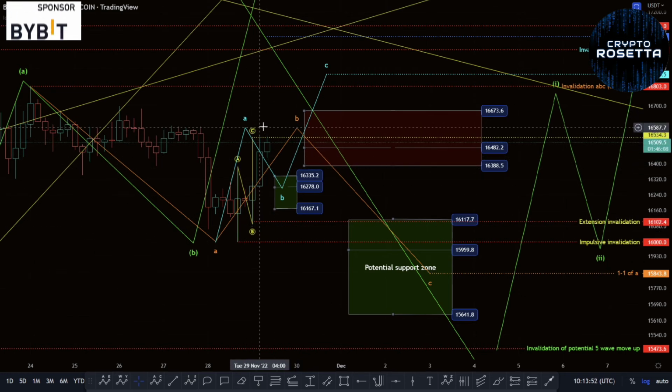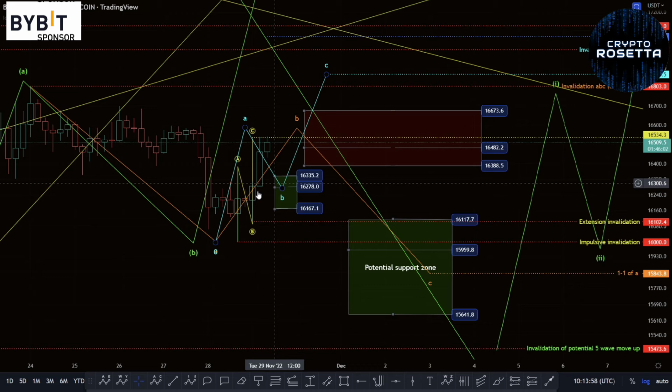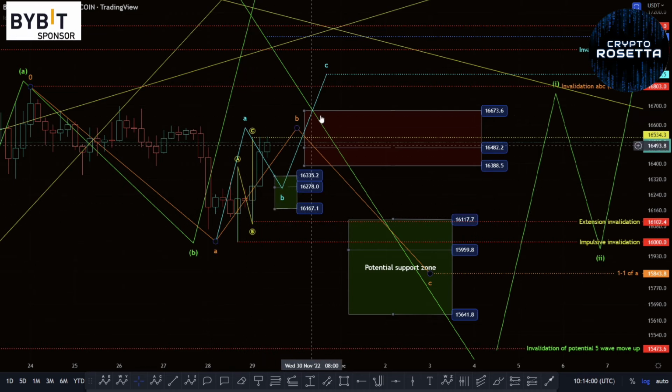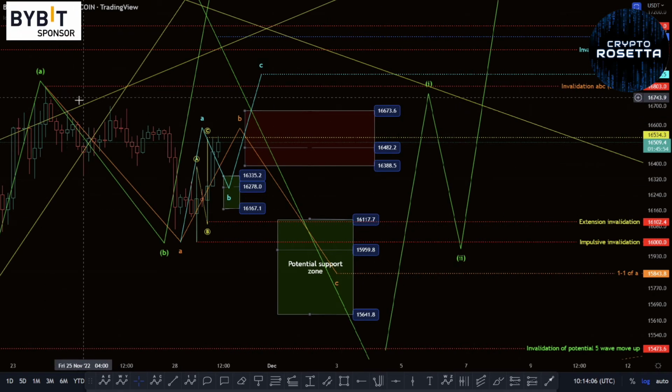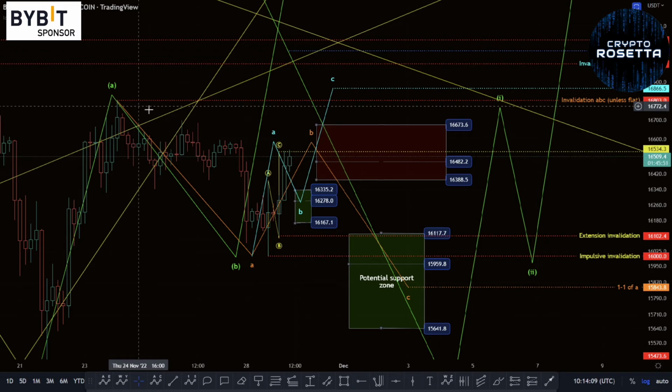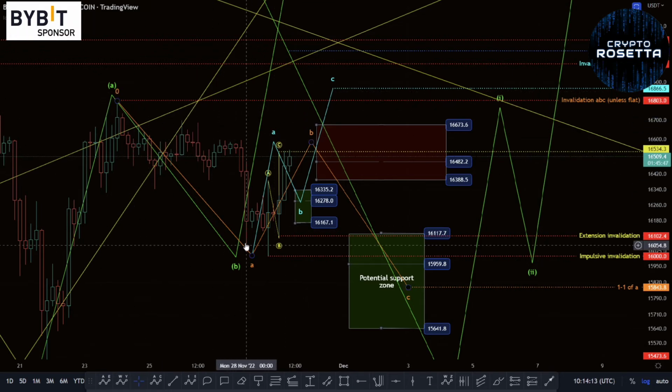It could develop an additional fourth and fifth wave, in which case we'd be looking for a potential of having a move like this teal move here to the upside. So that would effectively be just a zigzag, but it would take out these high points and remove the potential for having extensions within this.